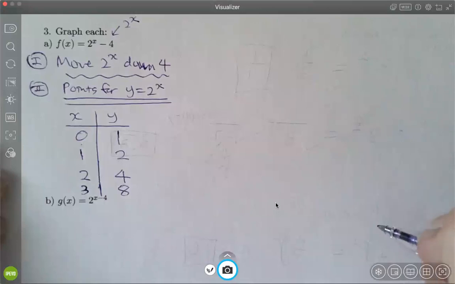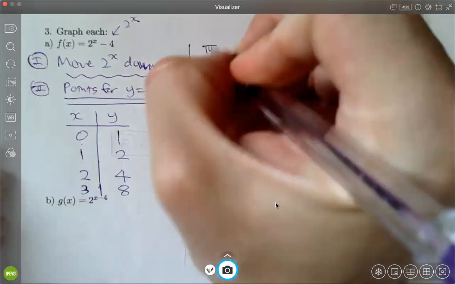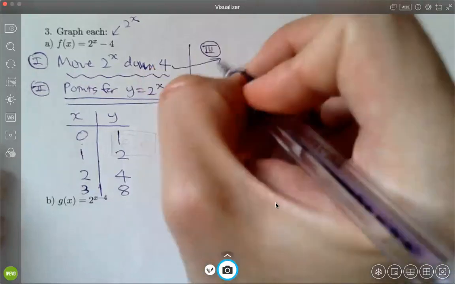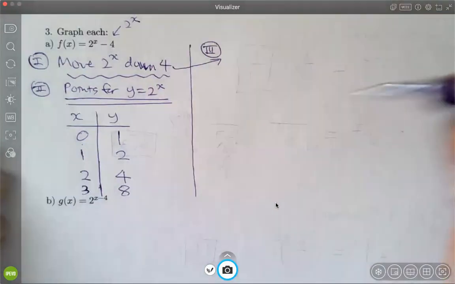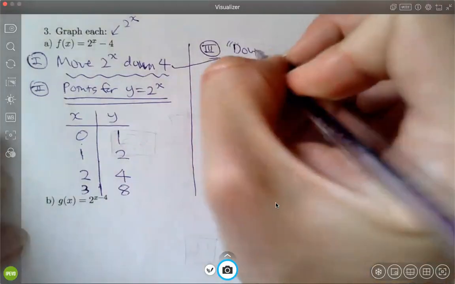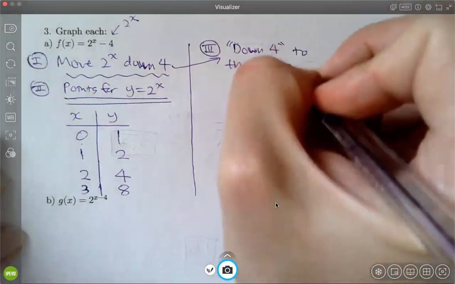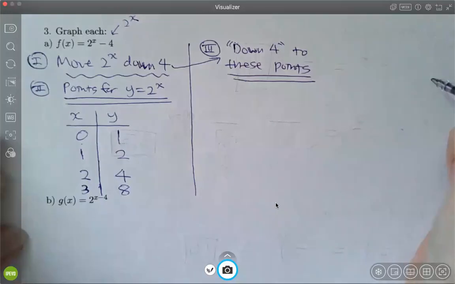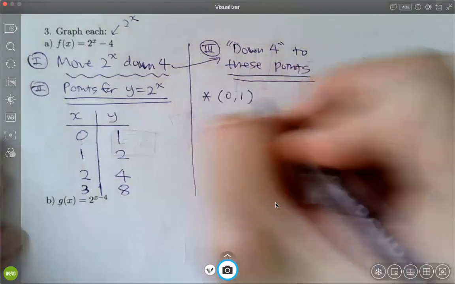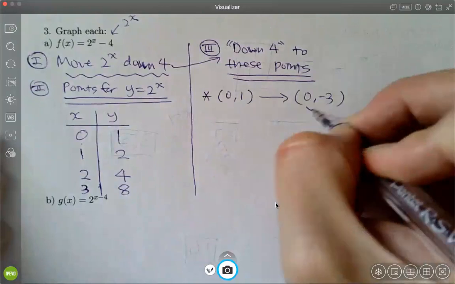Okay, so now, why did we choose several points for 2 to the power x? Because now can you apply down 4 to these 4 points? So what does that mean? First, 0, 1. When you go down 4, where are you? 0, negative 3. Do you see that?